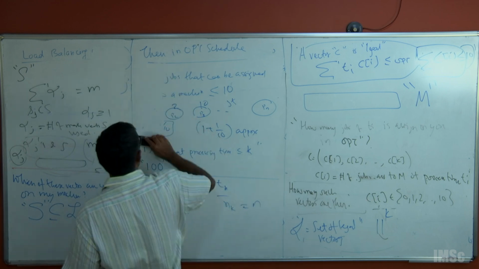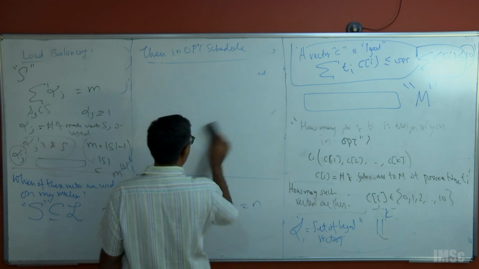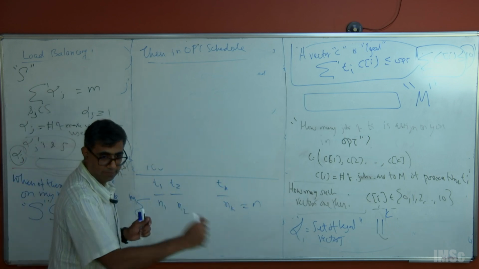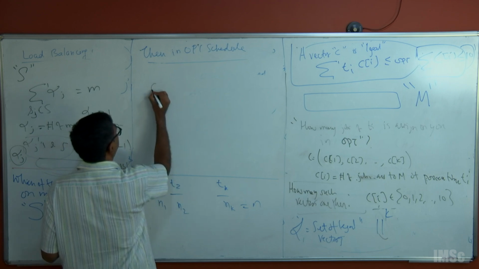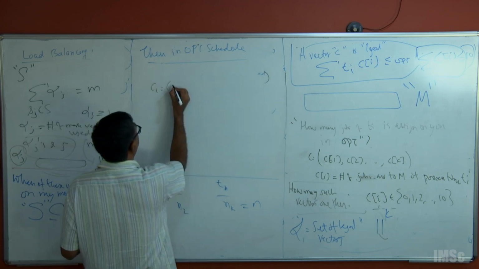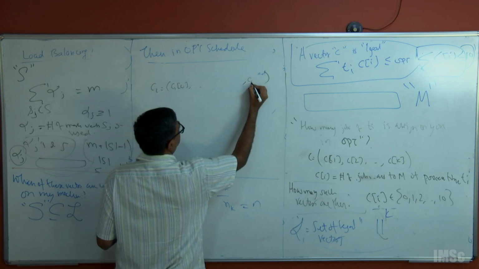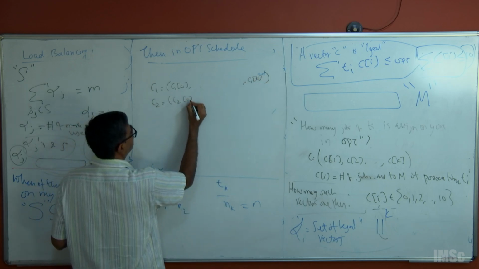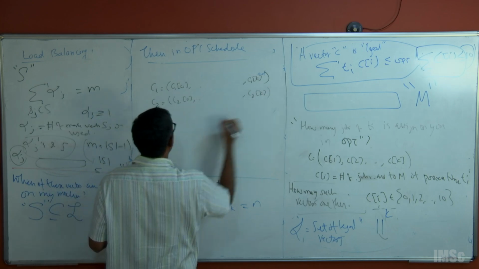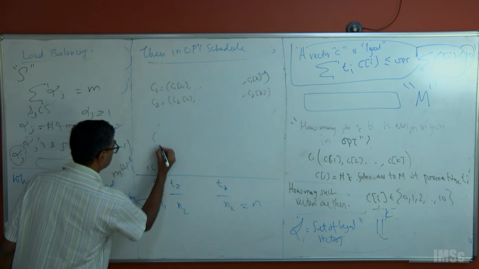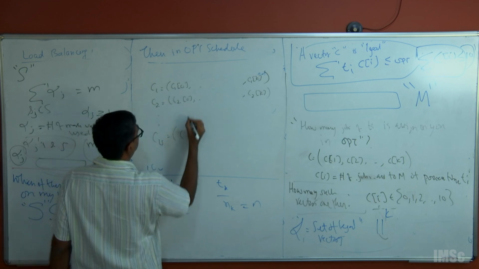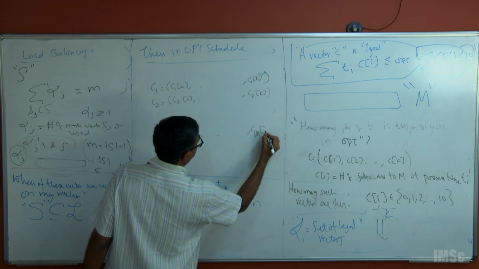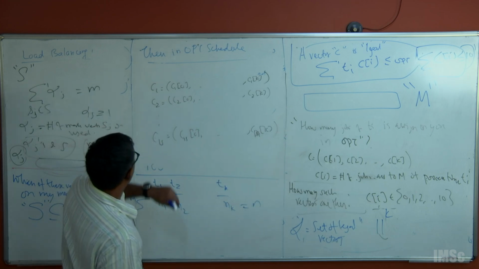Okay, so let me show you what I am writing. What did I choose here? I chose S, the set of legal vectors, right? So let us write down C1: C1 0 to C1 k. This is my first legal vector. C2: C2 0 to C2 k, and so on up to CF. What does it tell?